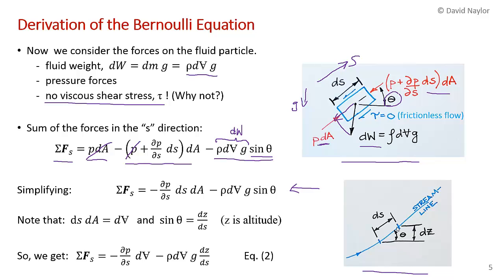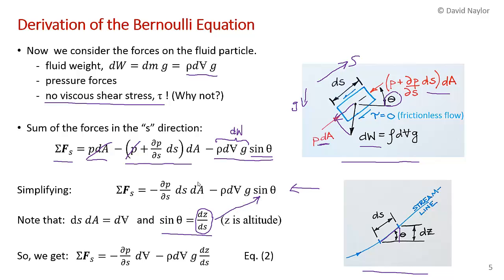If we think of this triangle here, sine of theta is opposite over hypotenuse, so sine theta equals dz over ds. So simple trigonometry, sine theta equals dz/ds. I'm going to substitute that in for sine theta.